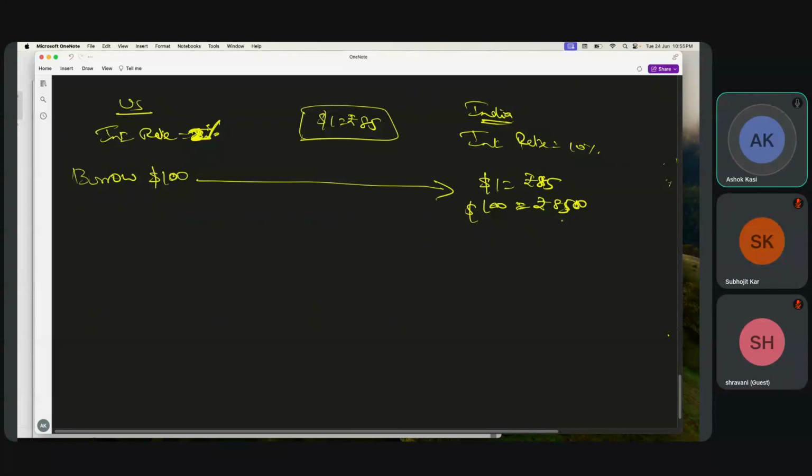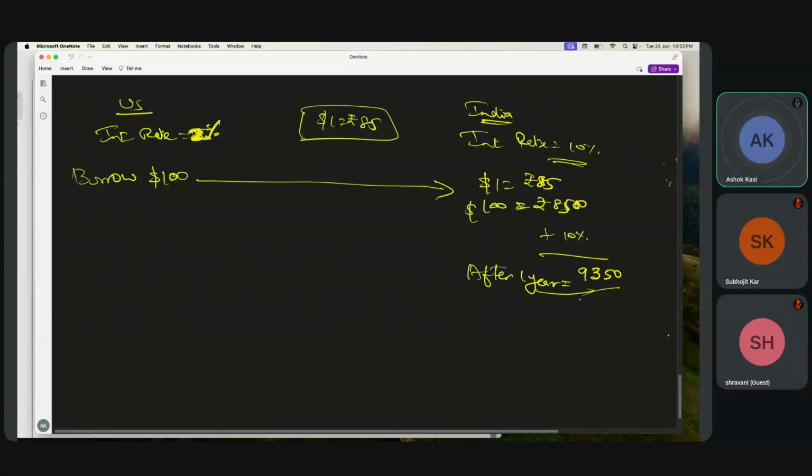Then you invest in some bond and get 10 percent. So after 1 year, how much will you have? 8,500 plus 10 percent: 9,350.